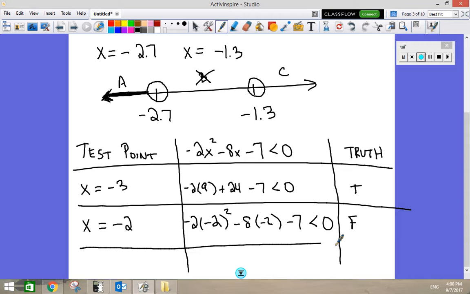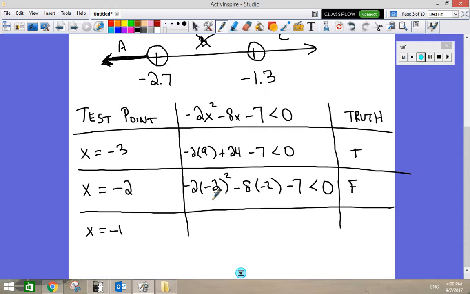So let's test a point in region C, something that's bigger than -1.3. Well, let's just try -1. So we've got -2 times -1 squared, minus 8 times -1, minus 7.